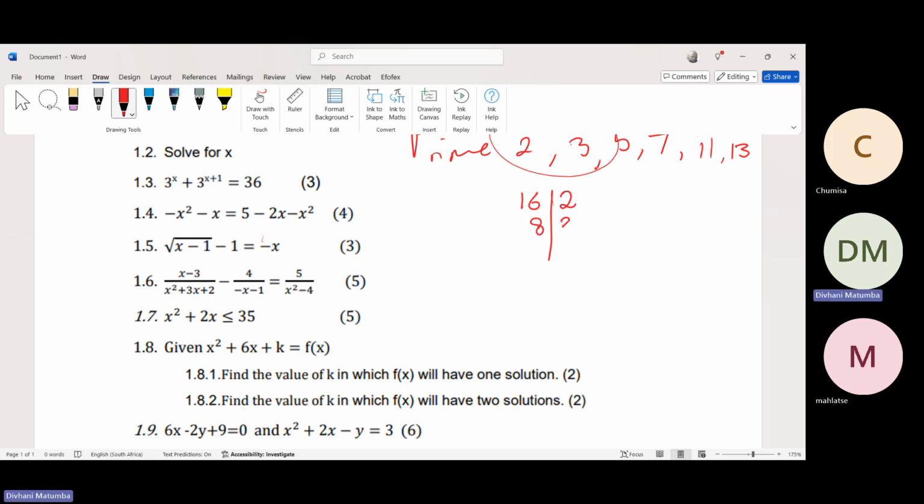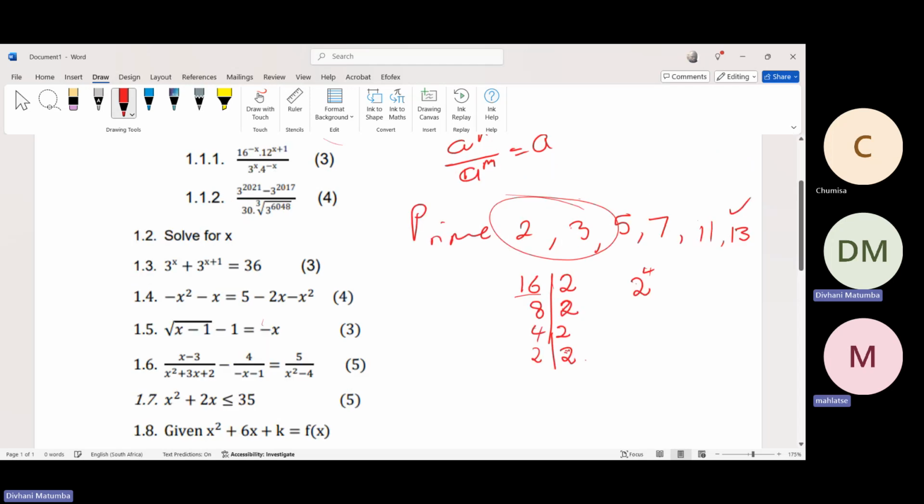If we divide it by 2 again, we get 4. Again by 2, we get 2. Then 2 to the power of 4 is how much? 16, sir. Yes, 2 to the power of 4 is 16.